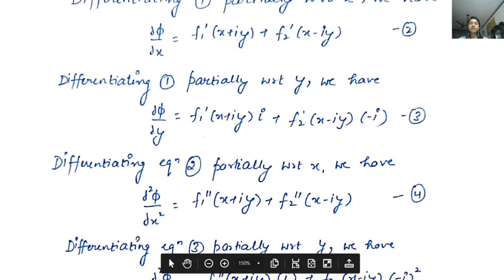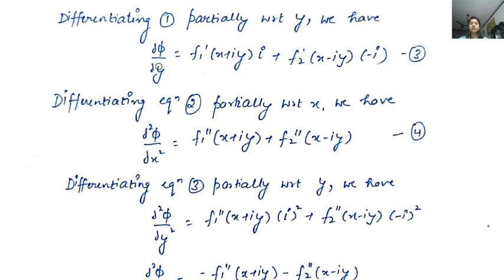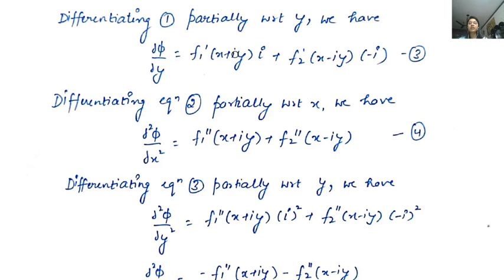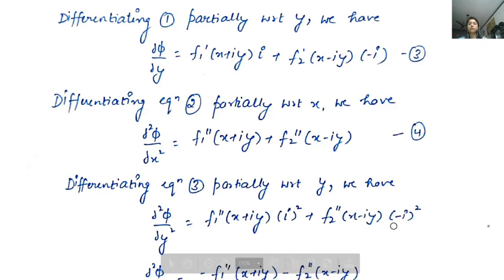Now, differentiating equation 3 partially with respect to y, we will get ∂²φ/∂y² equals f1''(x + iy). And when we differentiate x + iy with respect to y, we will get i. One i is already present there, so we have i² here, plus f2''(x − iy) into (−i)².